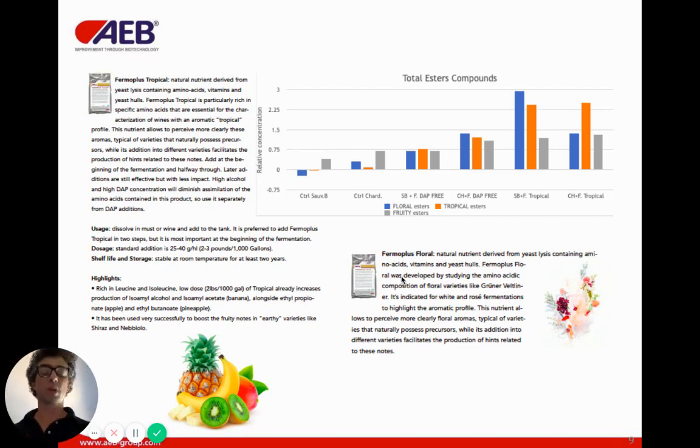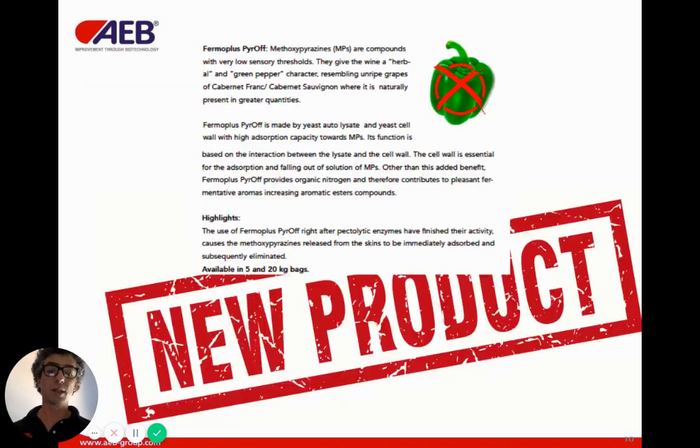So we focused on that to form a new nutrient called Thermoplast Floral, which is recommended for all those floral varieties like Riesling, for example, and also Sauvignon Blanc, obviously.